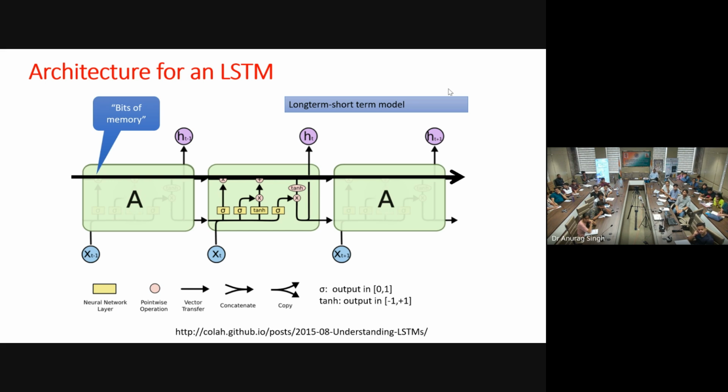Each one of the cells has this kind of architecture. Now I'm trying to explain each one of these: how you are able to bring the concept of forgetting certain things, bringing new information, computing new things with the help of the LSTM architecture. So every cell A in your RNN was of fixed kind, that is tanh of W of your x t and s t minus 1. Yes or no? So W was explaining that step.